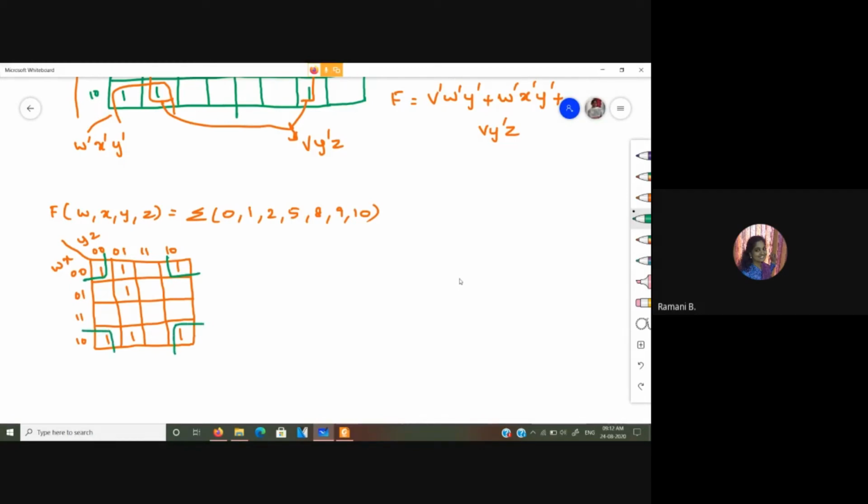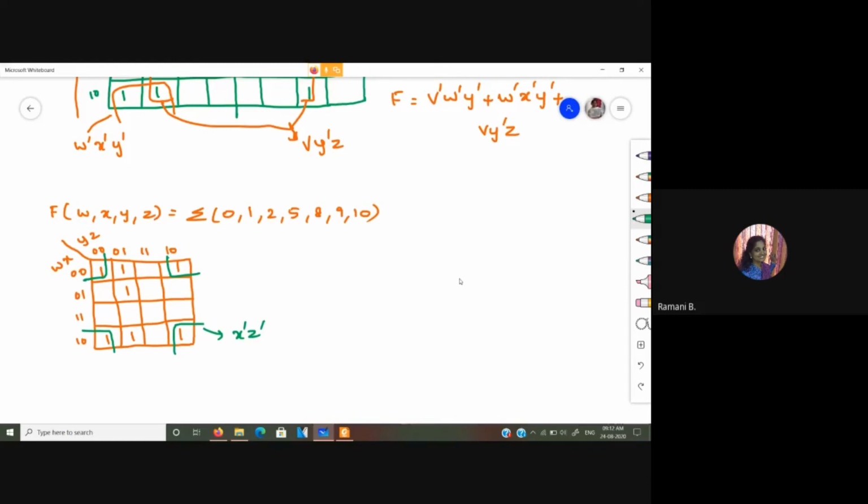With all the corner ones, I have x bar z bar, because w is varying in these two rows, x equal to 0 is common, so x bar, and in these two columns y is 0 and y is 1, so we leave it out. Z equal to 0 is common, so x bar z bar.